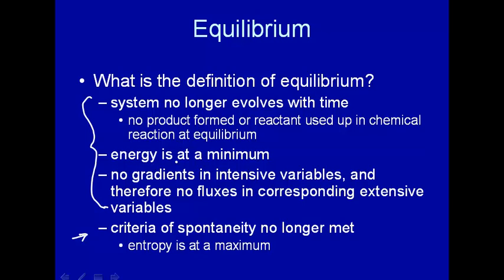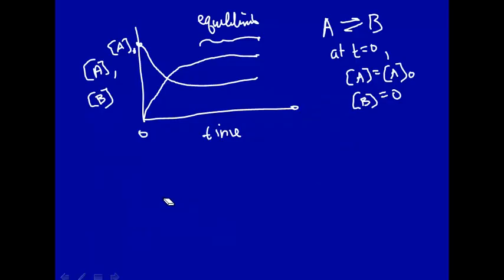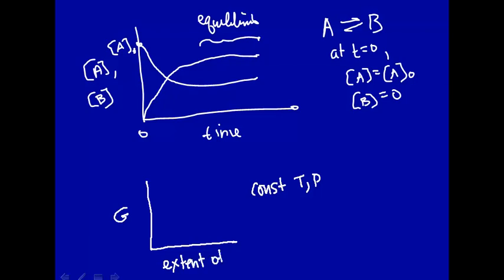So that's what we mean by the system no longer evolves with time, for the specific case of a chemical reaction. Let's look at energy. Energy is at a minimum. From our introductory chemistry, the energy we're interested in at constant temperature and pressure is the Gibbs free energy G. Let's just call this the extent of the reaction.